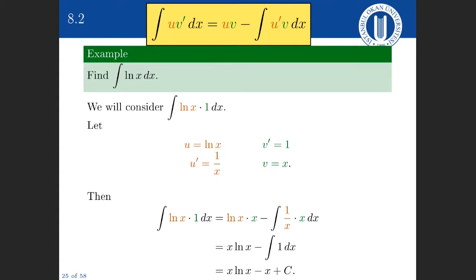The 7 is not a problem because we can always just take the number 7 outside the integral. We know how to integrate 1 over x because the integral of 1 over x is just ln x.